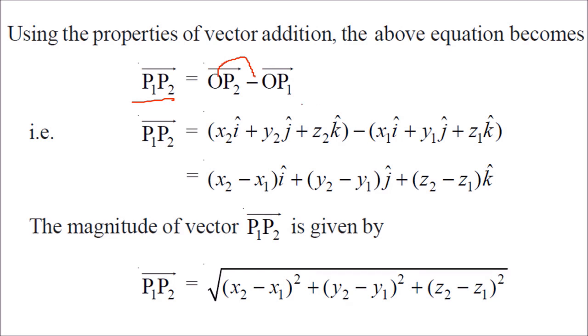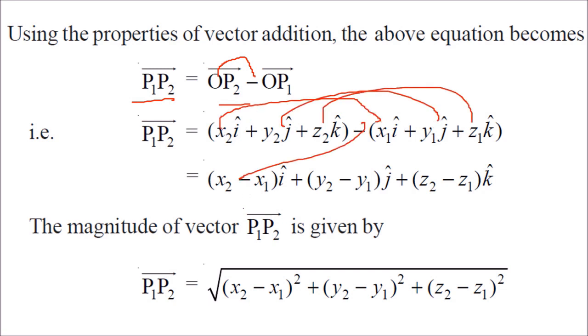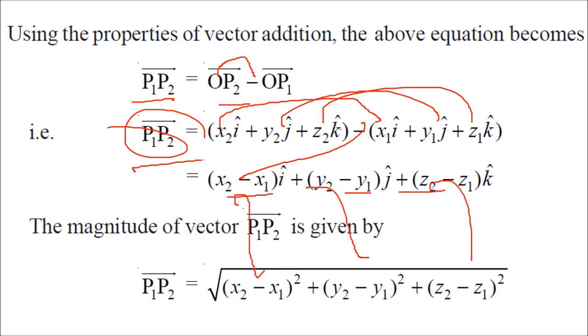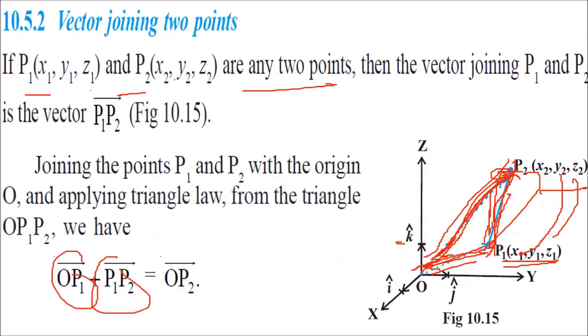You can also say that you take OP2 minus OP1 and subtract. So it is x2 minus x1, y2 minus y1, z2 minus z1 along i, j, k, which are the unit vectors. So this is P1P2. And what is the length of P1P2? It is the square root of this square plus this square plus this square. So this is the vector joining 2 points. I hope you got the idea.